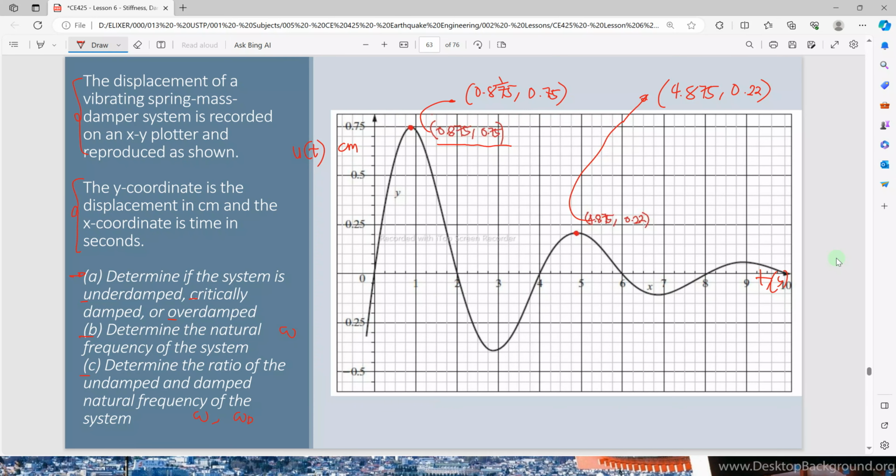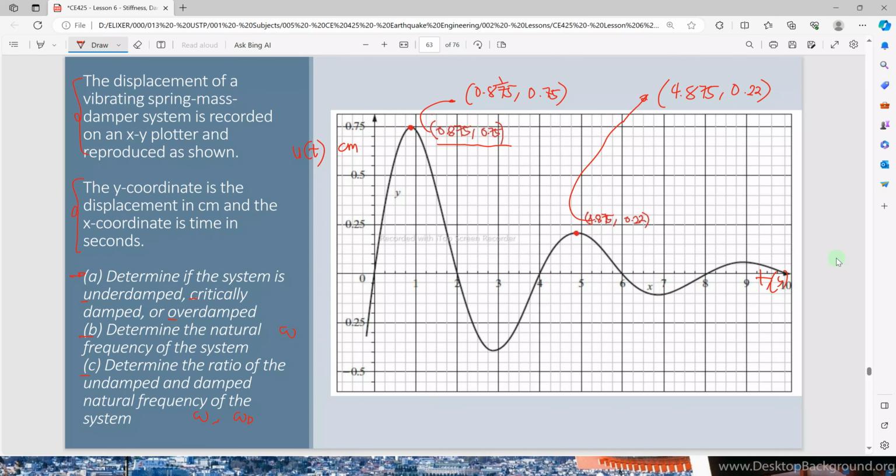On this one, a new concept is introduced which you should take note of because this is very important. The first concept here, additional discussion, is the ratio of any two successive peaks.